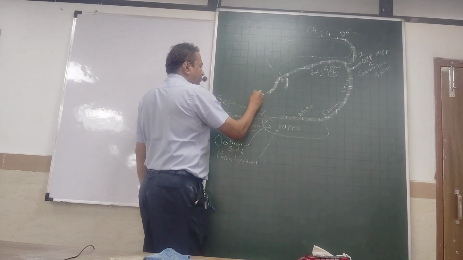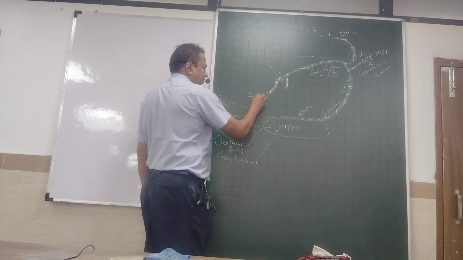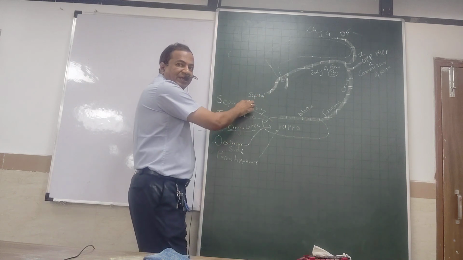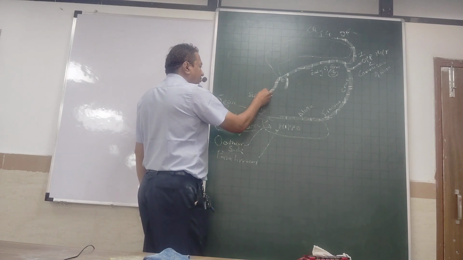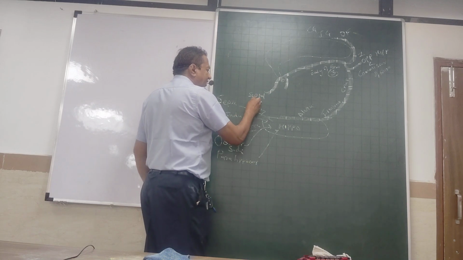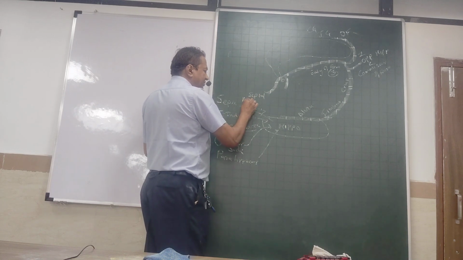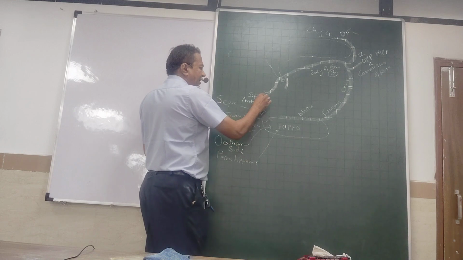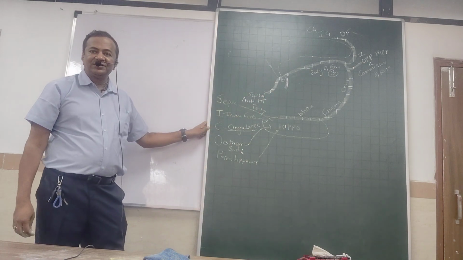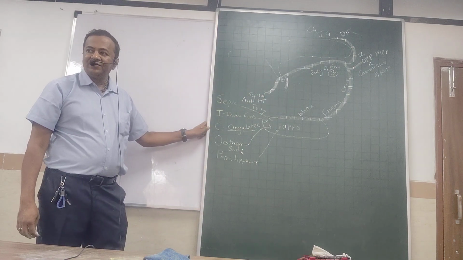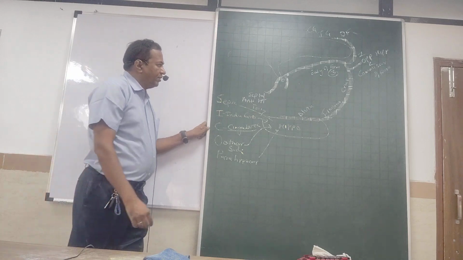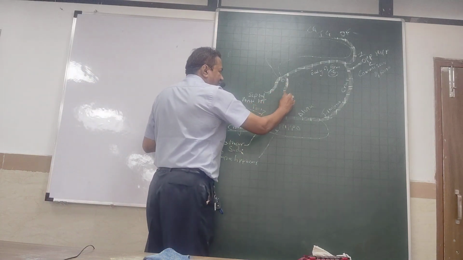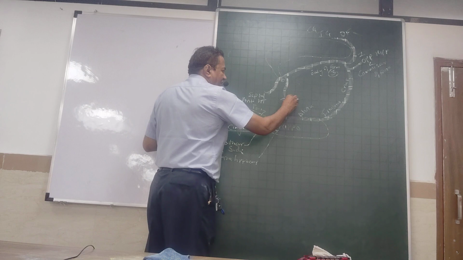Precommissural will go to septal areas. It will go to the anterior hypothalamic nucleus. Postcommissural will go to thalamic nuclei.